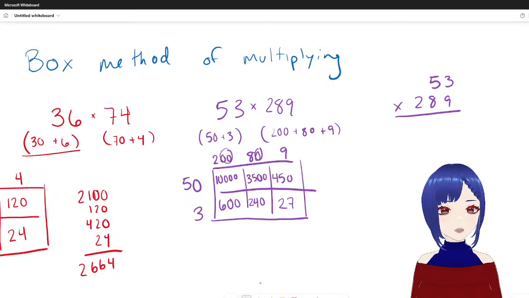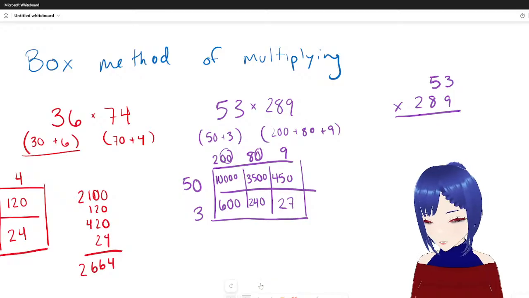It's a little harder to notice. They teach you the other way and they expect you to kind of remember it, but if that's hard for people to remember, then having this box method does make that part more noticeable.